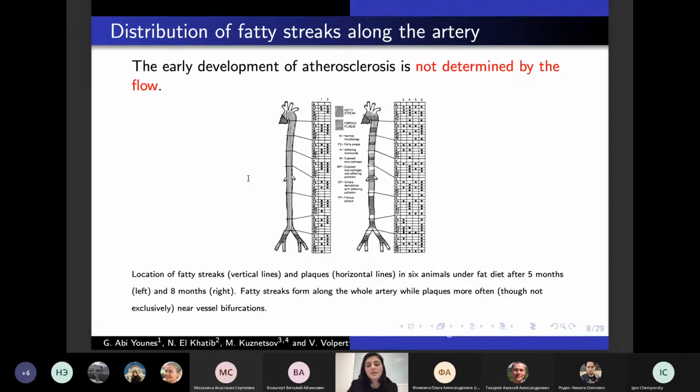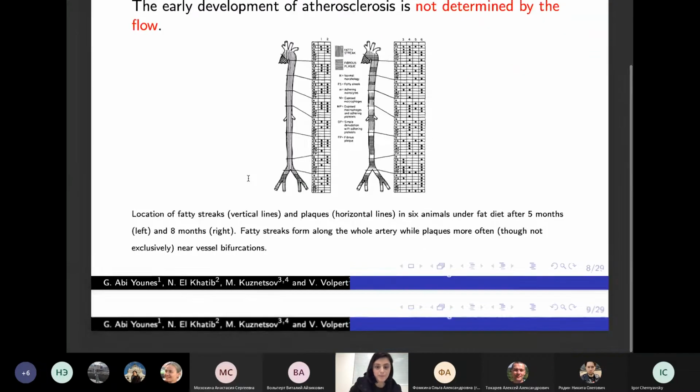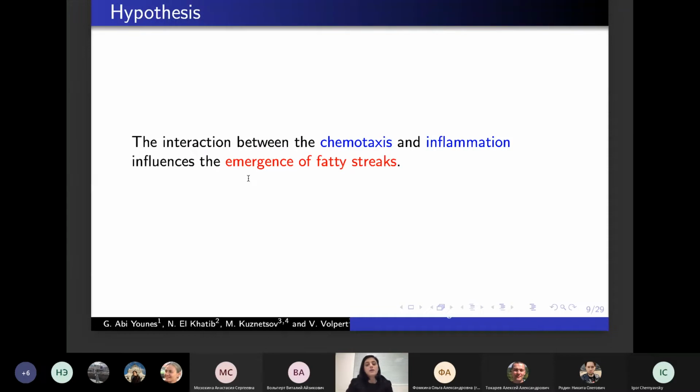So here we can conclude once again that the flow does not influence the emergence of fatty streaks. So we talked about the interaction of chemotaxis and inflammation on one hand, and on the other hand, we introduced the emergence of fatty streaks.